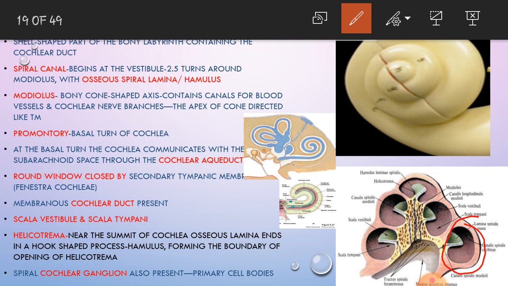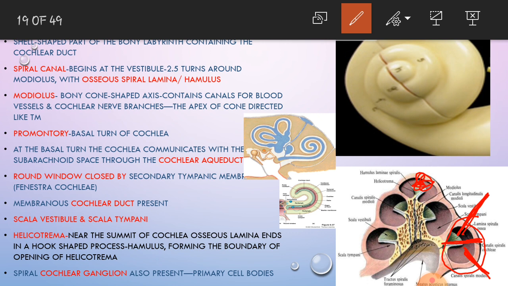It extends halfway, the rest of the lumen has been closed by membranes, so it is divided like this. So there's an upper partition and there's a lower partition here. This upper partition is the scala vestibuli and this lower portion is called the scala tympani. Now these two portions, they communicate at the apex of this cochlea here, and that communication, that opening is called the helicotrema. Okay.